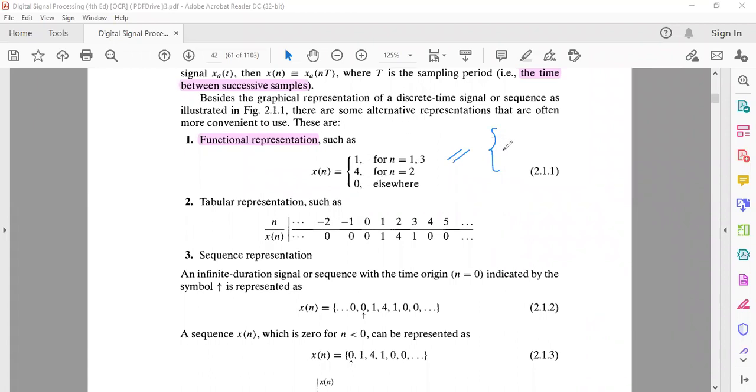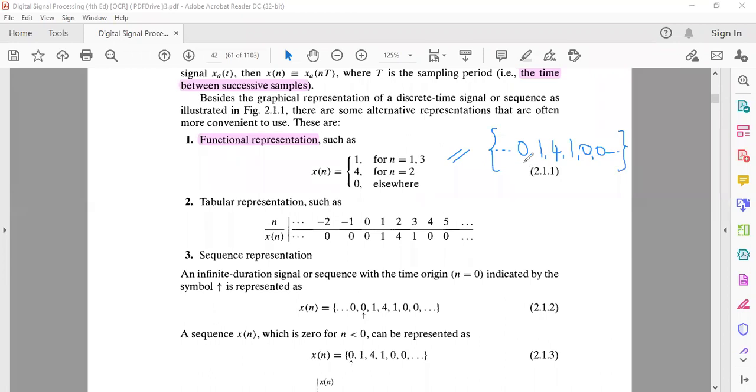So basically you have 0 at n equal to 0, you have 1 at n equal to 1, you have 4 at n equal to 2, you have 1 at n equal to 3, and then you have 0 elsewhere. Okay, elsewhere you have 0.